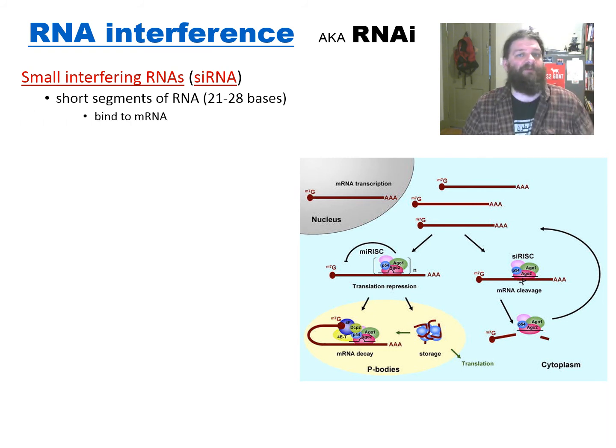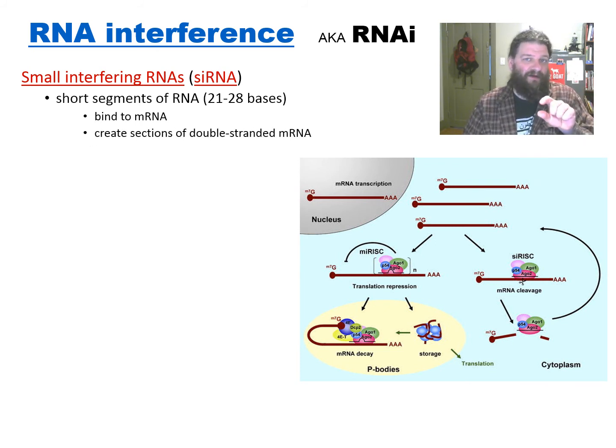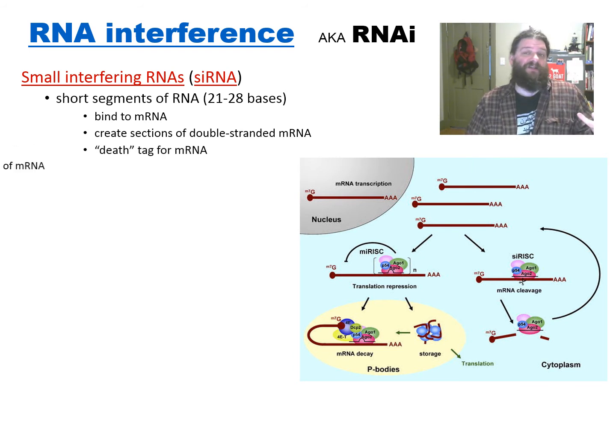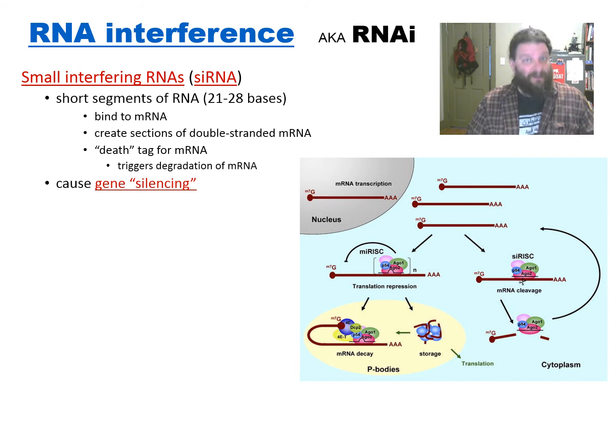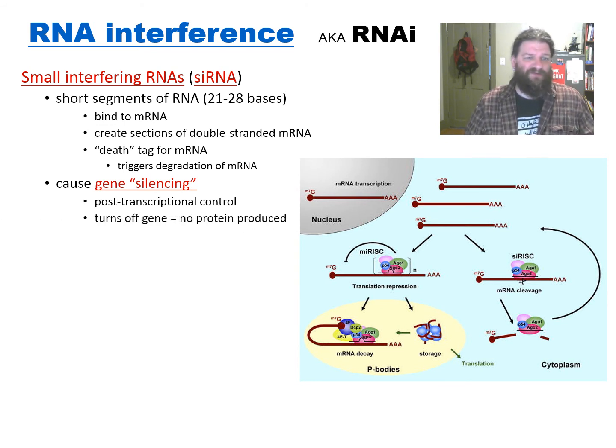They have a perfectly complementary base sequence, and that makes a double strand of RNA, which is weird, and there are these other proteins that will bind to the double-stranded RNA and essentially chop it up, keeping that messenger RNA from surviving. And by doing that, you essentially turn off the gene because it's not making a protein. Even though it makes the messenger RNA, you don't make the protein and you get no trait.